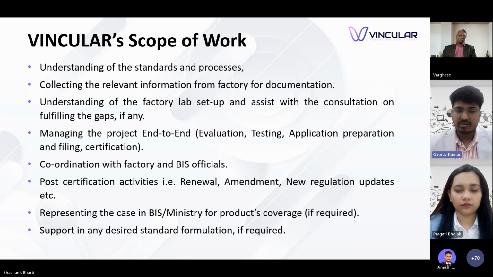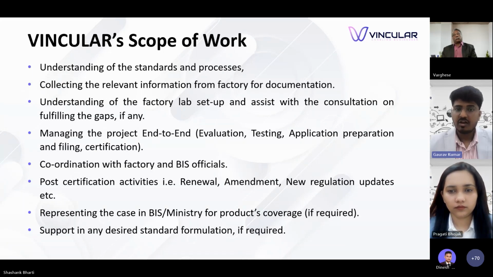Also, our people will reach out to you individually whenever any renewal is approaching, any amendment has to take place, or any new regulation may additionally impact your product portfolios. During this certification, if any representation is required at the BIS level or any line ministries, it can be DPIIT, Ministry of Consumer Affairs, Ministry of Steel, Ministry of Chemicals, or anywhere, we will extend that support as well.